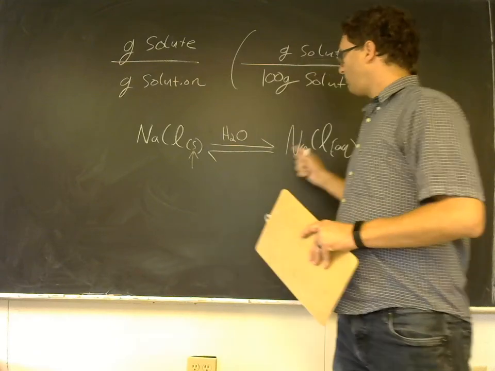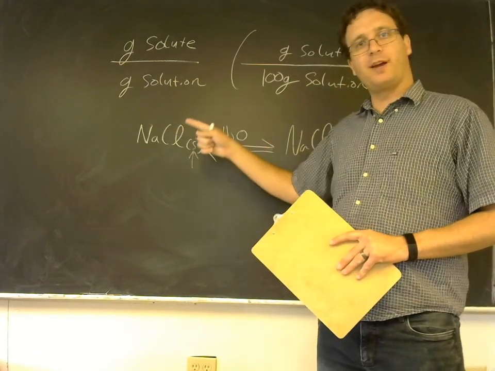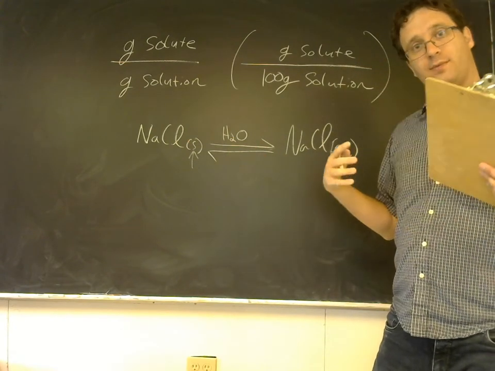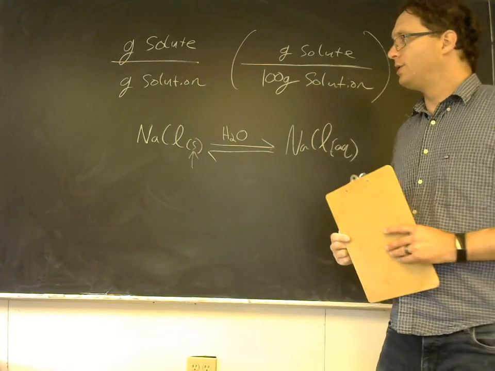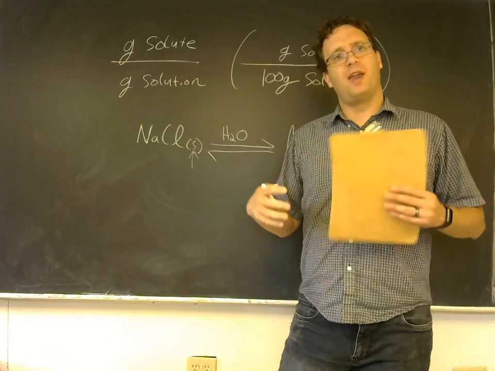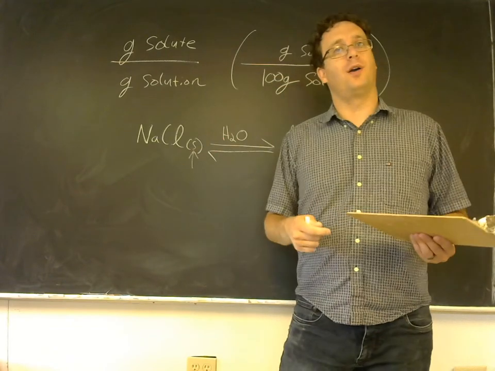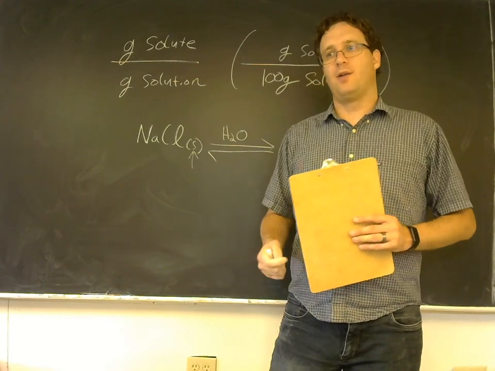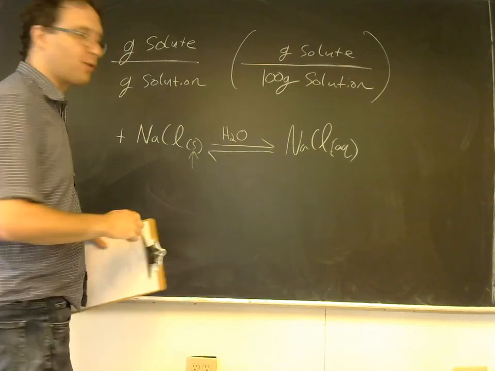Now, thinking of solvation in terms of an equilibrium like this also helps us to understand how the solubility might respond to temperature. So you may have some kind of vague intuition that if you want to dissolve more sugar in water or more salt in water, you can do so by putting it on the stove and heating up the water. And that is because this process is an endothermic process.